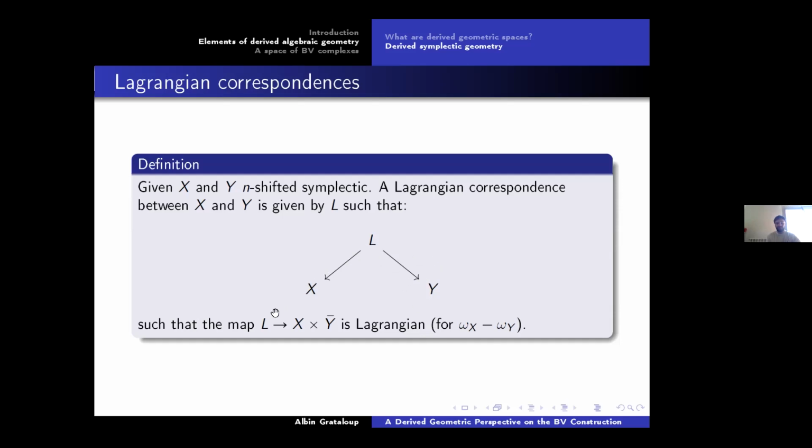It's the data of a Lagrangian structure on the map from L to the product of X and Y, with the symplectic structure given by omega X minus omega Y. This is why I put that bar, because I put the opposite symplectic structure on it. This basically means that the pullback of omega X is homotopic to the pullback of omega Y, and you have some non-degeneracy condition associated to it, which I will not go into in more detail.